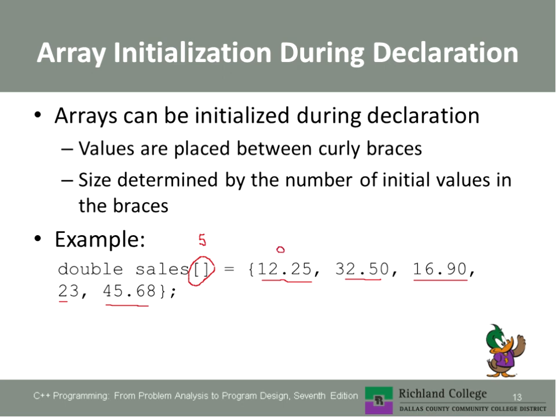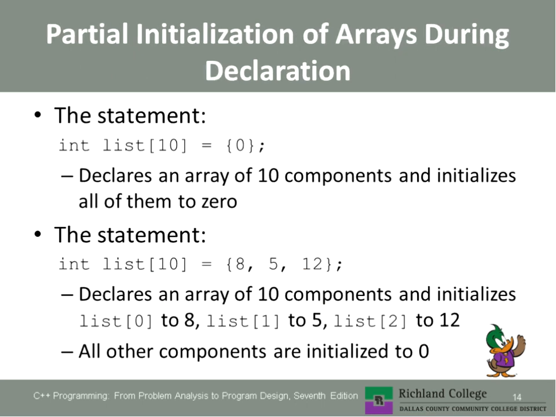You can see that it's going to be index value 0, 1, 2, 3, 4. So the number of elements is 5. The number of elements is 5, but the highest index value is 4. And you don't have to worry about those numbers or the indexes, because the list of items will tell you how the array will be initialized.